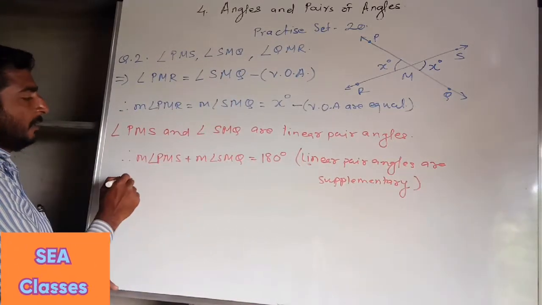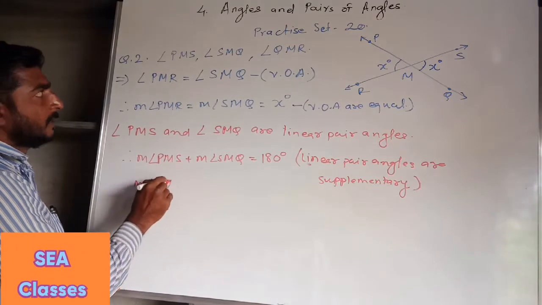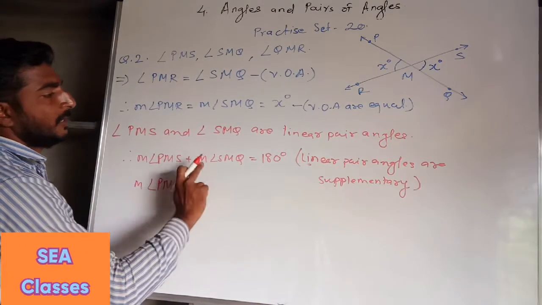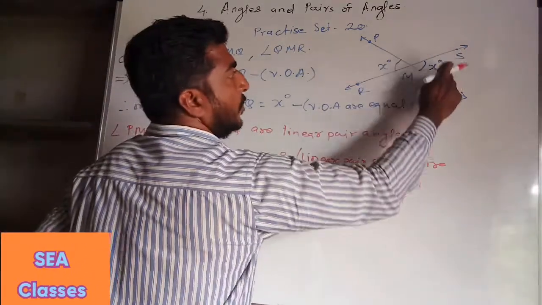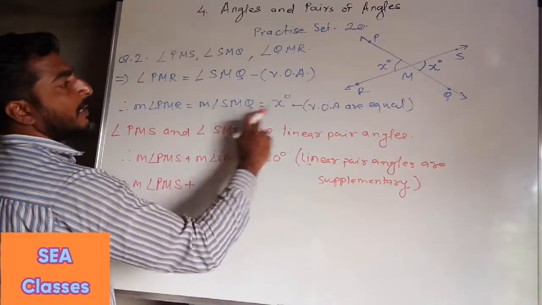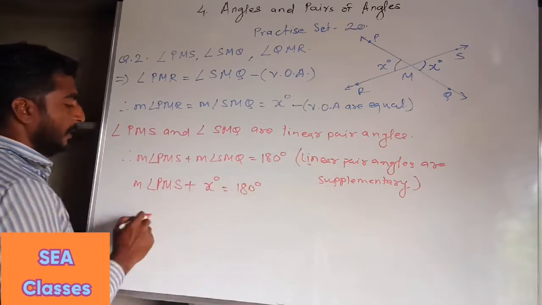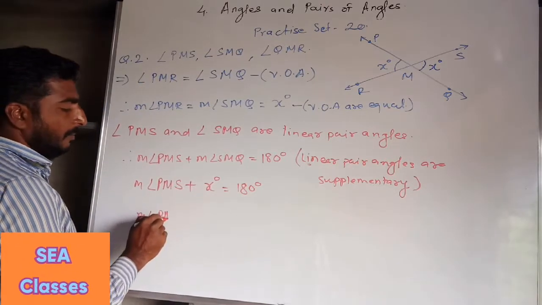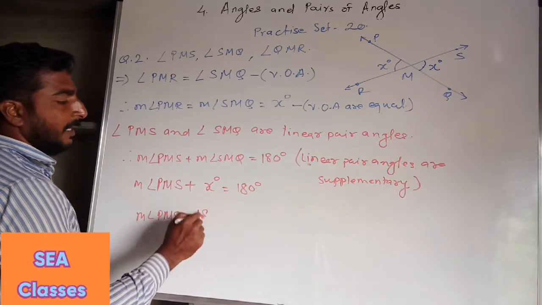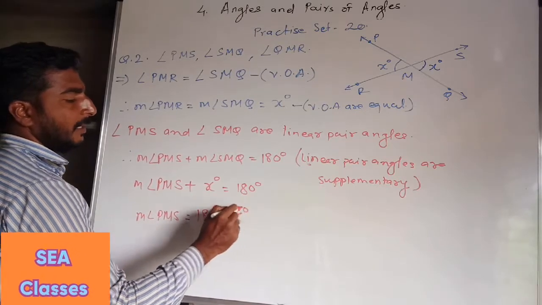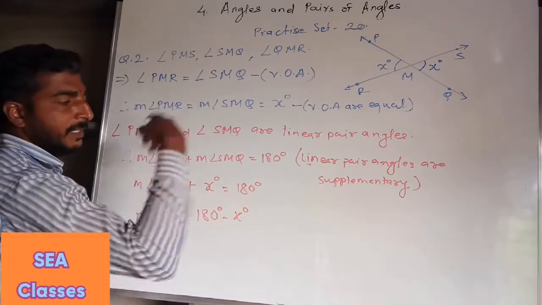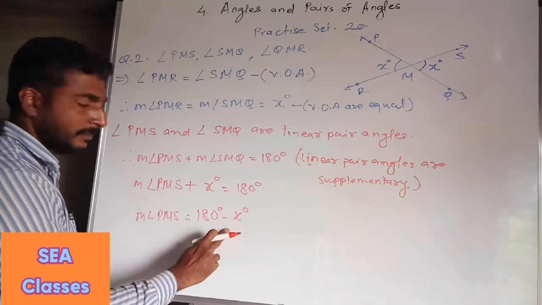So here measure of angle PMS plus measure of angle SMQ, the measurement is how much? We got here x degrees. So take here PMS plus x degrees is equal to 180 degrees. So measure of angle PMS is equal to 180 degrees minus x degrees. This plus x degrees we will take to the right side and it will subtract.